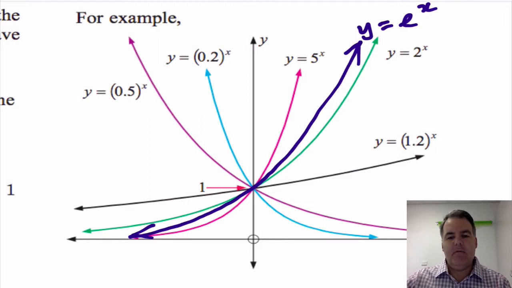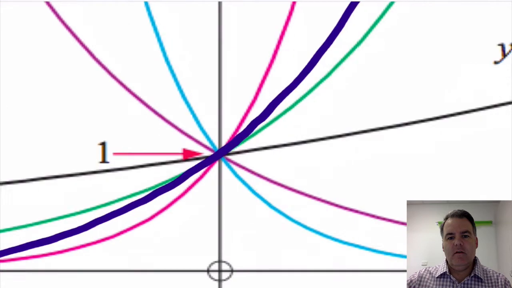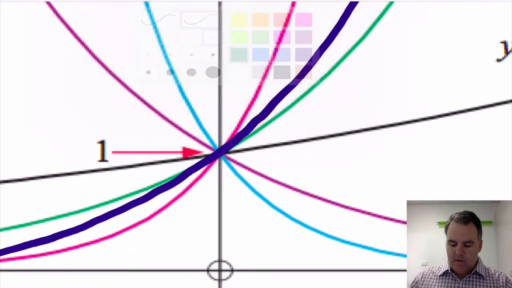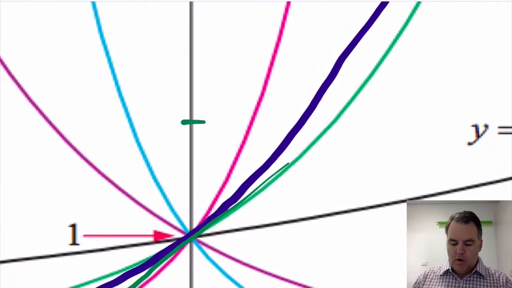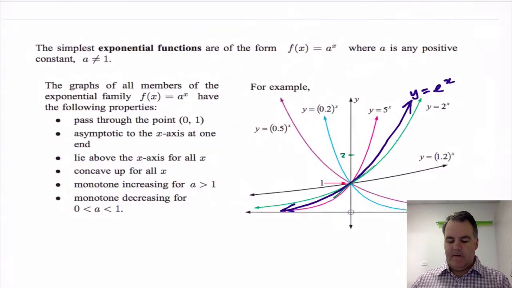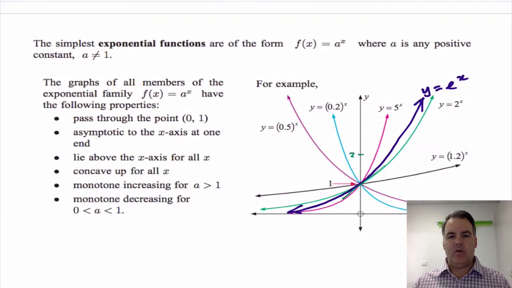So at every y value on the curve here, the slope of the curve is the same as the y value. So at y equals 1, for example, if we drew a slope here, the slope would be 1. When y is equal to 2, if we went across to this curve, you'd see that the slope was 2. Okay, so it's got those interesting features that the derivative of the curve is the same function.